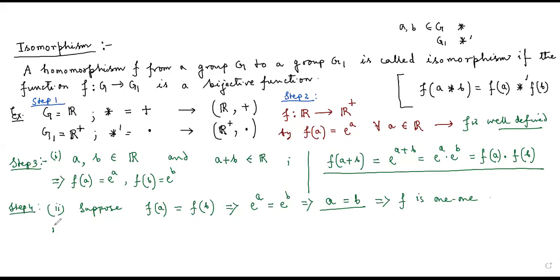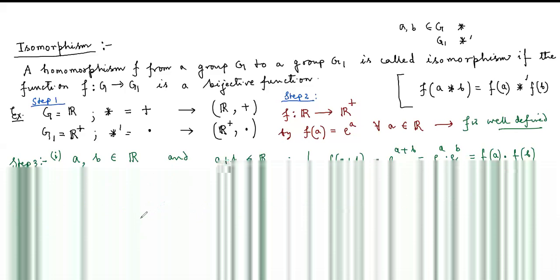In step number 4, I can consider the step 3 of showing the isomorphism between the two groups.